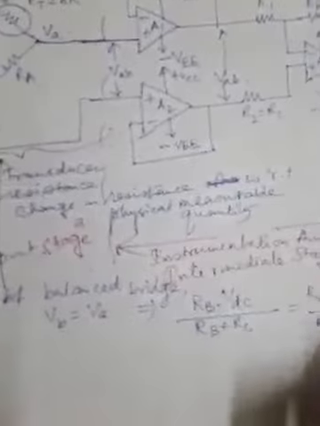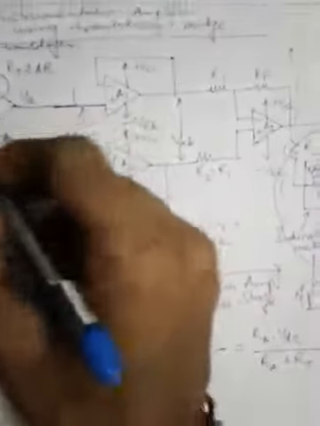And for finding VA, it is the voltage across RA taken from VDC, so RA into VDC divided by RA plus RT, that means the transducer resistance without variation, because RA plus RT is connected across this VDC in series.